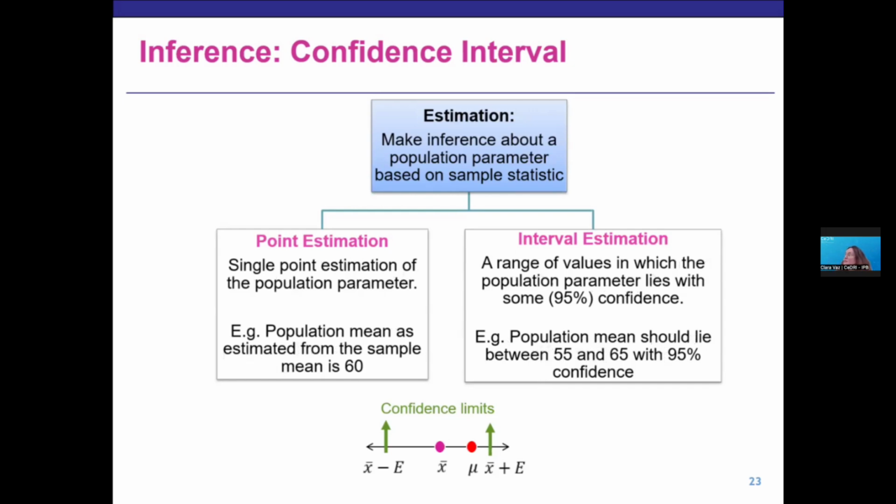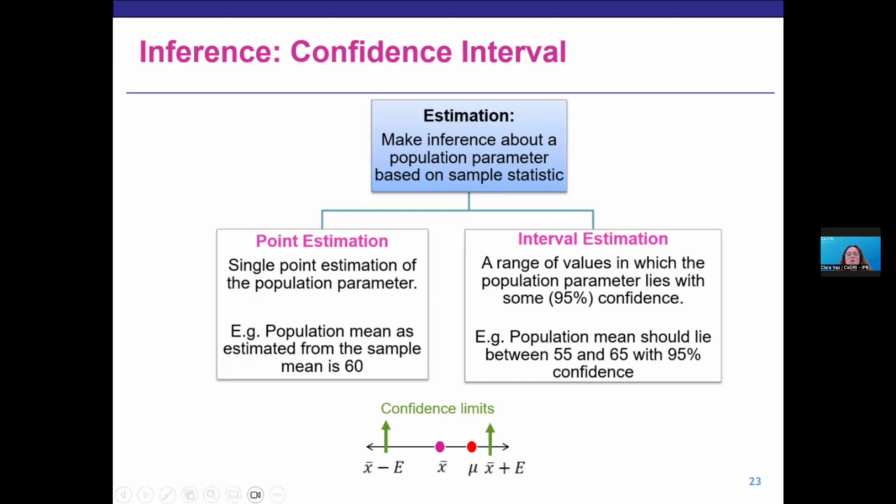So we can use the confidence interval. Rather than saying that the population mean is 60, we should say that the population mean should lie between 55 and 65 with 95% confidence. We have different levels of confidence.